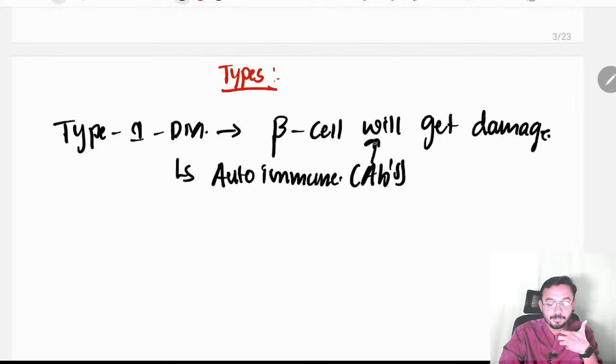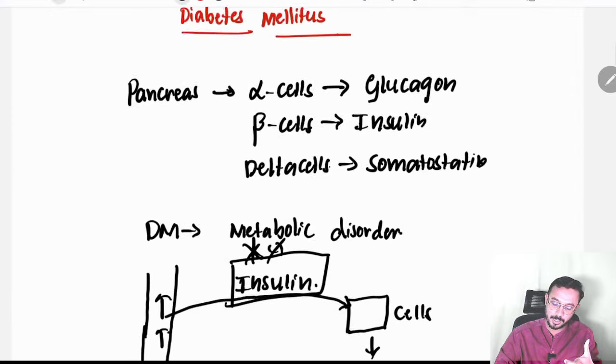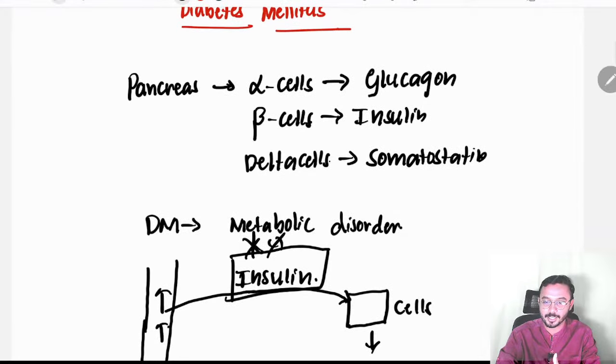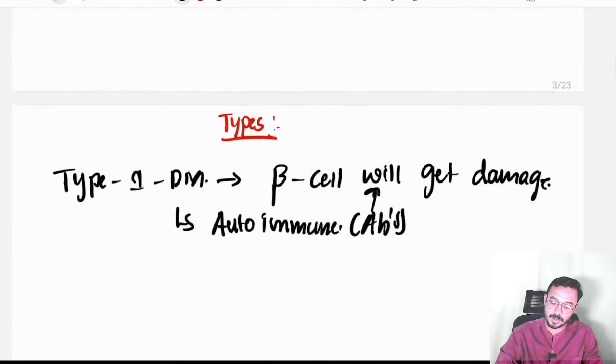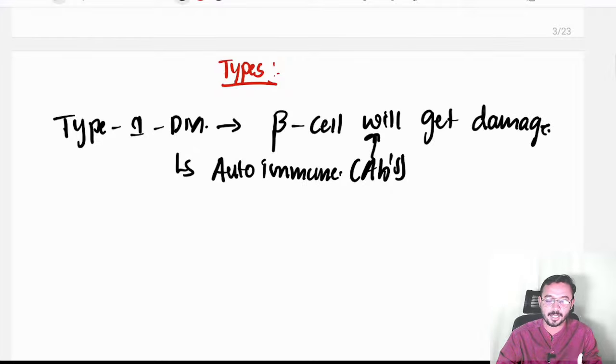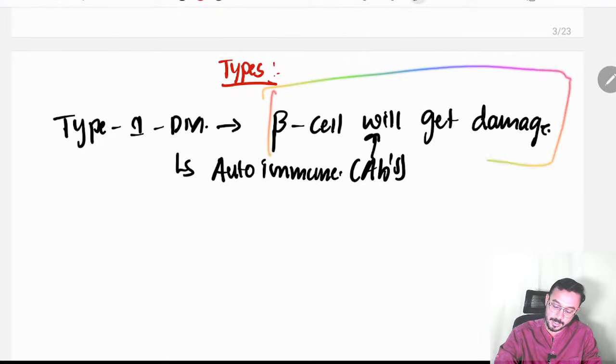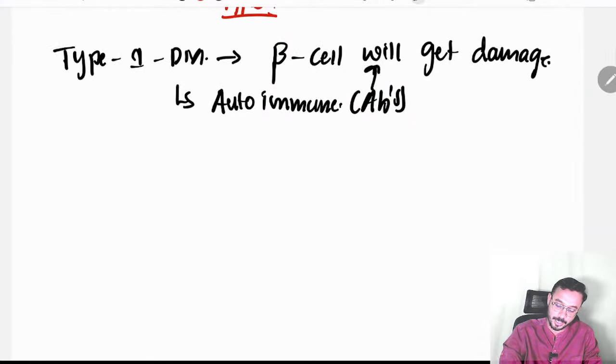Basically, beta cells form the insulin, but due to some autoimmune conditions or some viral infections, these beta cells will get destroyed. As a result, there is no production of insulin.